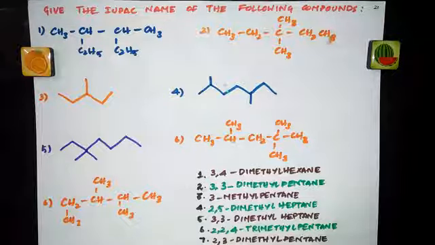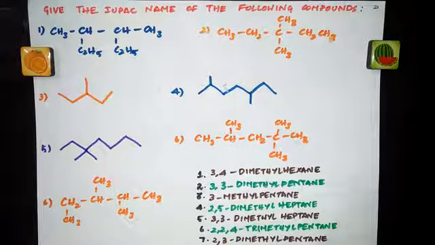To begin with, remember, choose the parent chain, that chain which has more number of carbon atoms, and it should be continuous, and number the parent chain in such a way that the substituents get the least position. So that's the basic rule, and while numbering you have to follow the lowest set of locants for the substituents. They should get the least positions.